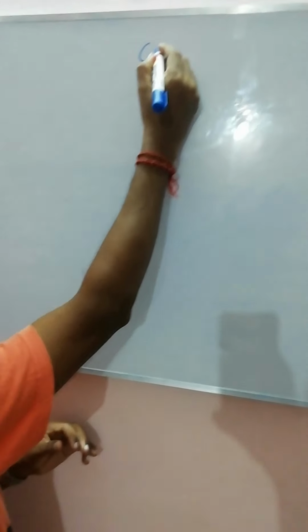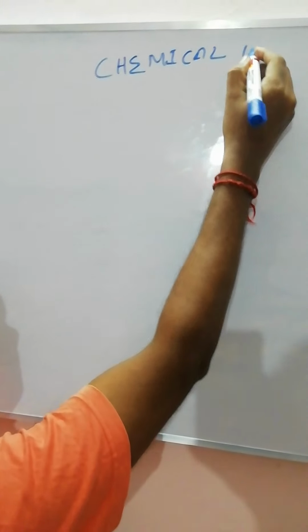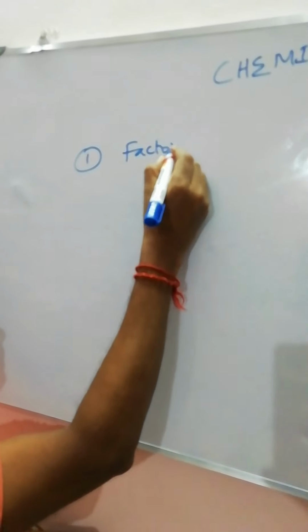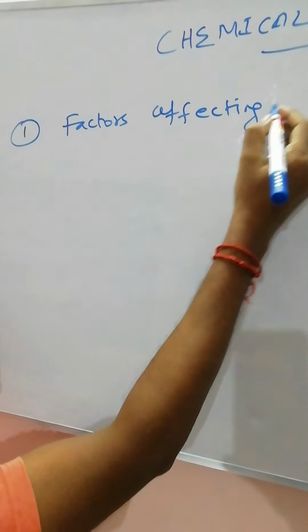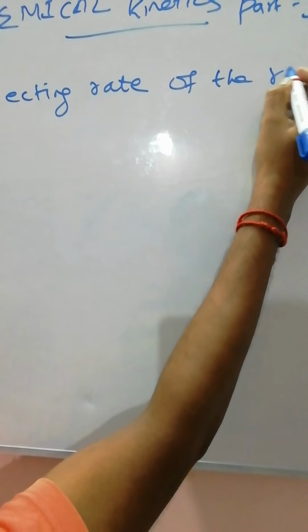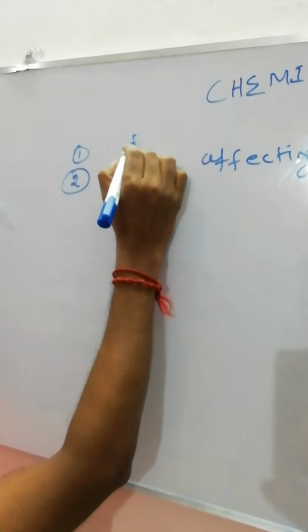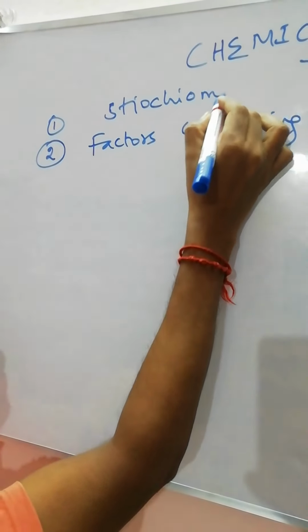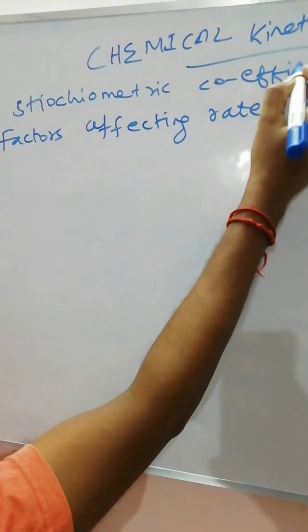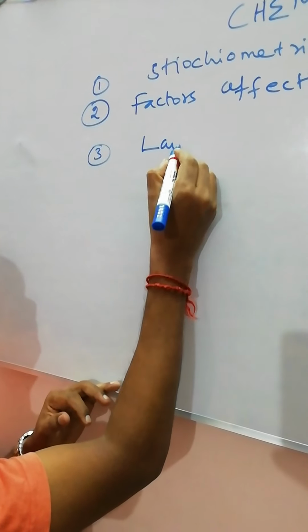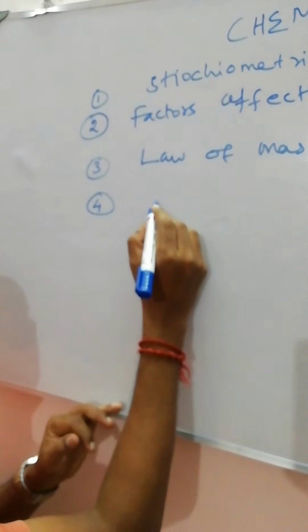Today in class we are going to start with factors affecting the rate of the reaction, some stoichiometric coefficient, some remaining things, law of mass action, rate law.